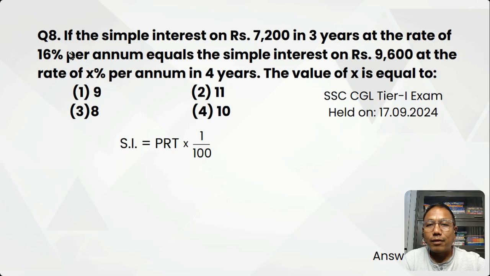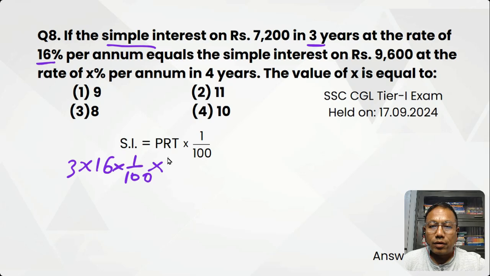Question number 8. If the simple interest on rupees 7,200 in 3 years at the rate of 16% per annum, 16% for 3 years, simple interest, right? 16 into 3. 16% means out of 100 of 7200 is equal to simple interest on this much at the rate of x%.